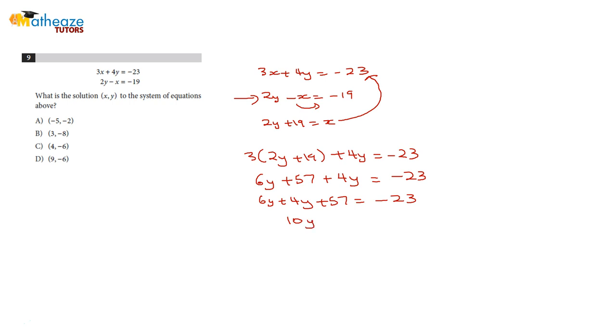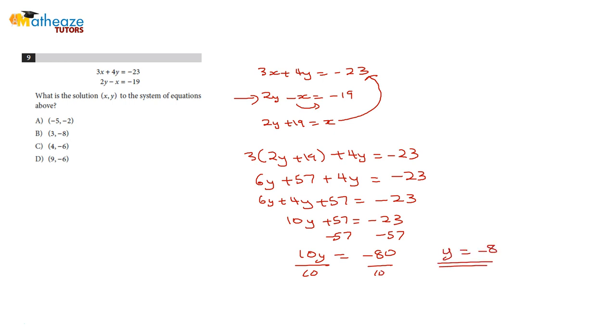So 10y plus 57 equal to negative 23. So that means that we subtract 57 from both sides. So 10y equal to negative 80. We divide by 10 on both sides, and we have y equal to negative 8.